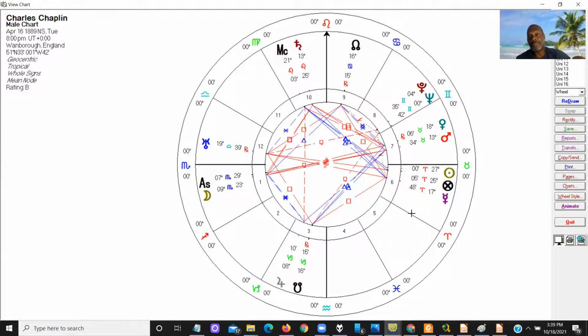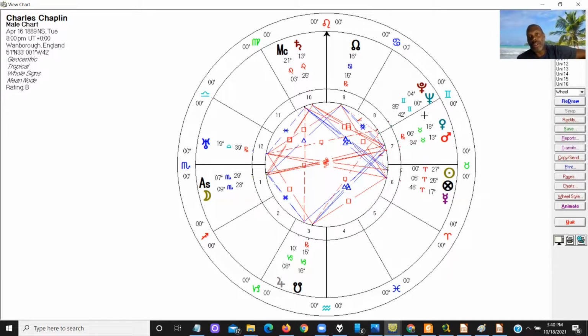Let's look at Mercury. Mercury is at 17 degrees of Aries, and Aries can aspect Gemini, Cancer, and Leo to the left, and Aquarius, Capricorn, and Sagittarius to the right. And then of course, across, Libra.